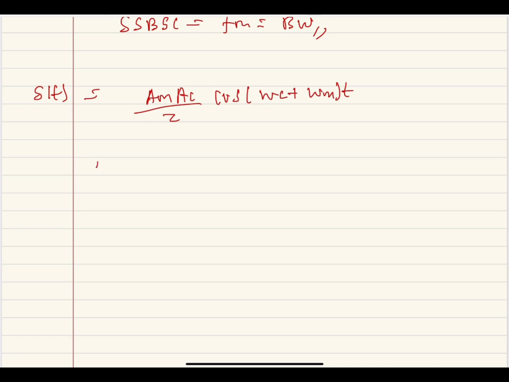As we did earlier on in one of my videos, power is equal to IV and it's equal to V squared over R. And we came up to know that we are going to get V squared over 2R. And therefore, what is my amplitude? My amplitude V is equal to AM AC over 2.